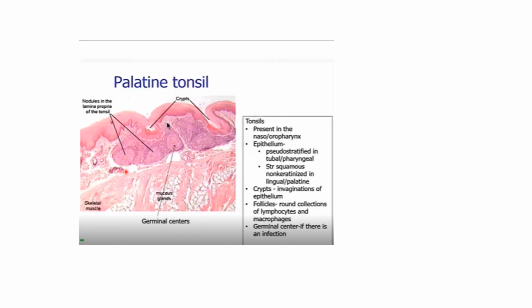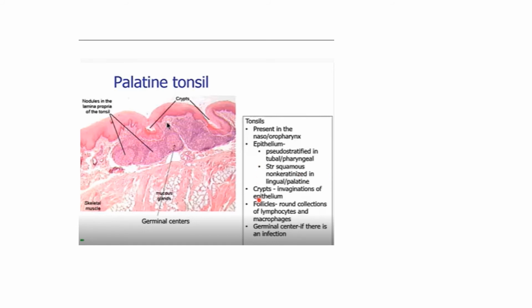This is the slide of the palatine tonsil. The epithelium of these four different tonsils: pseudostratified is in the tubal and pharyngeal, and stratified squamous non-keratinized is for the lingual and palatine tonsil.